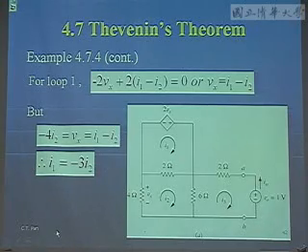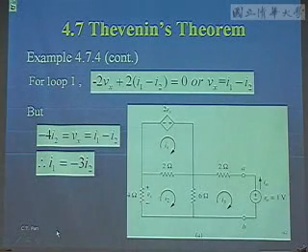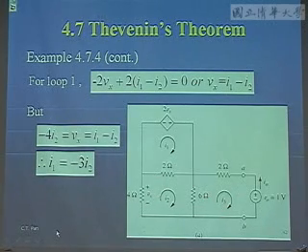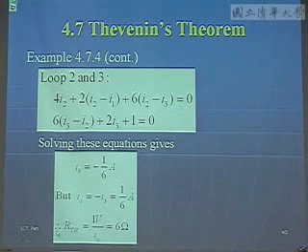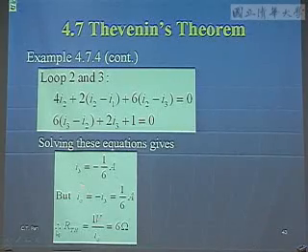Similarly, we have 2 other mesh currents, mesh 2 and mesh 3. For this mesh we can write the KVL equation, the summation of voltage drops along this loop equal to 0. Similarly for the third loop, so we obtain 2 KVL equations here. So 3 equations, 3 unknowns, we can find a solution.